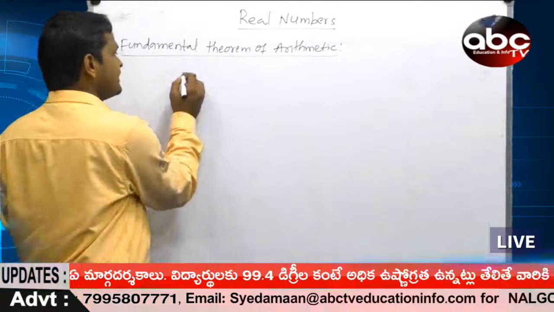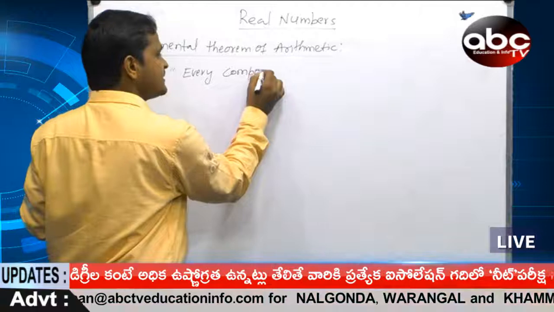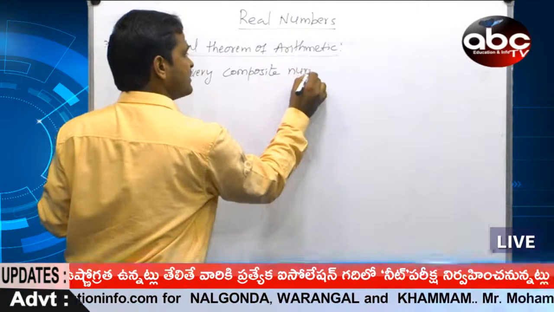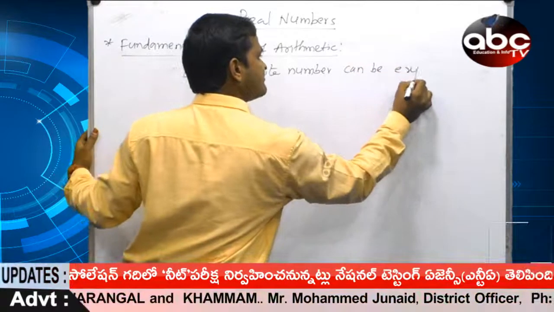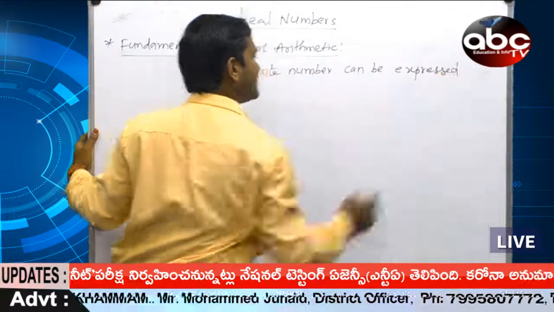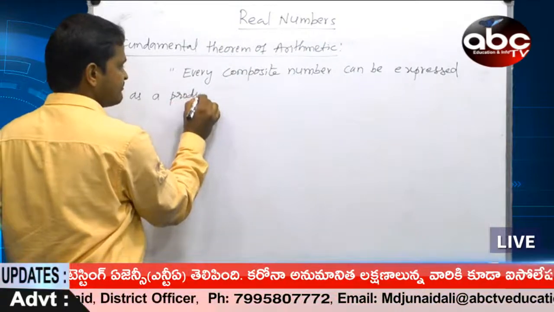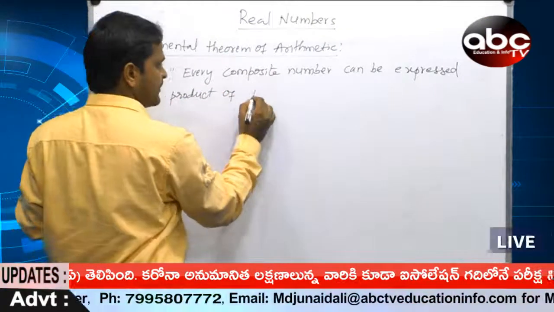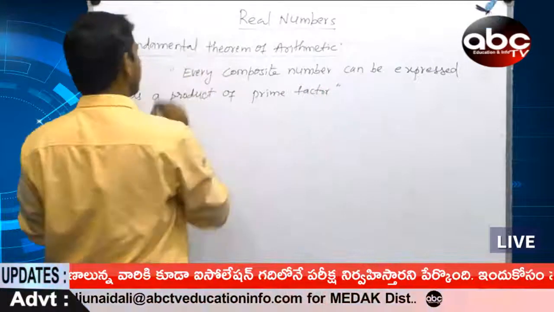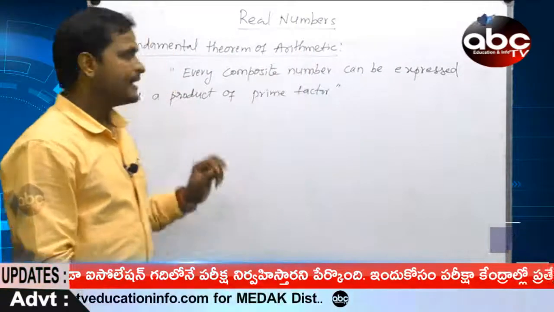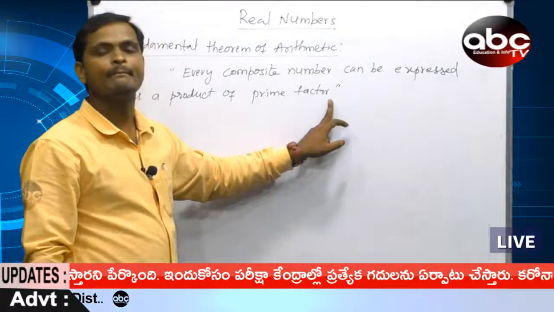The statement is: every composite number can be expressed as a product of prime factors. Fundamental theorem of arithmetic: every composite number can be expressed as a product of prime factors.